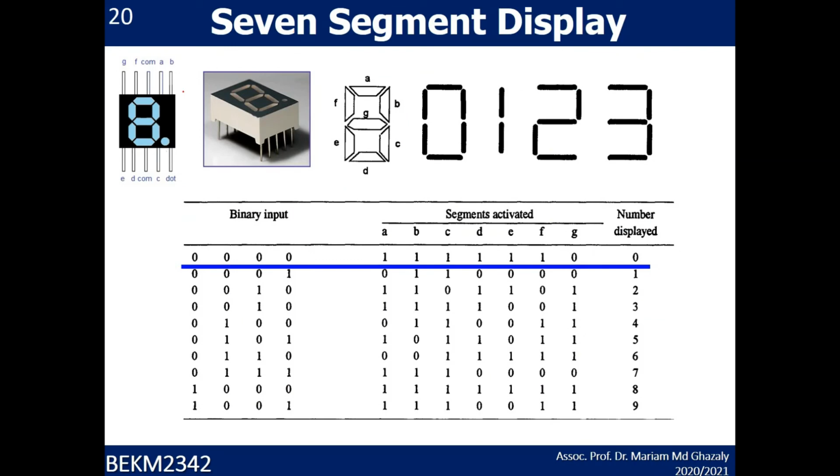For the 7-segment display, it reads from the binary input, from 0000, and then it is converted to the segment activated value, from A to G. So where is A?